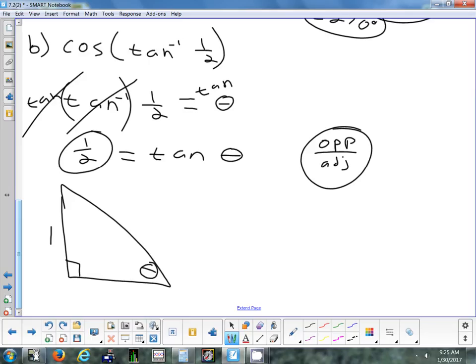What about the adjacent side? 2. Now you just drew a triangle where the tangent is opposite over adjacent, 1/2. And now we can get the hypotenuse by doing what? Pythagorean Theorem. And this is going to be the square root of 5. Yes.